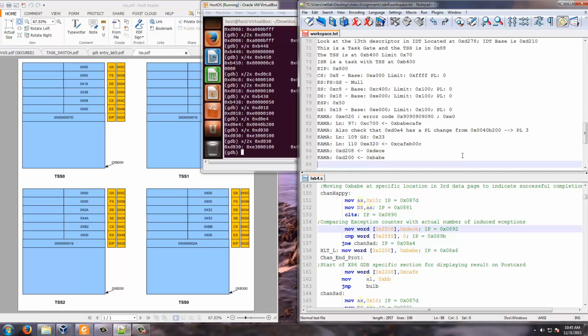Your D200 should become 0x E, and your D208 should essentially become 0x CAFE.